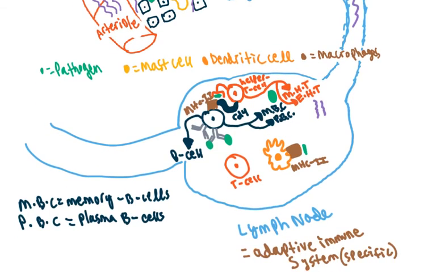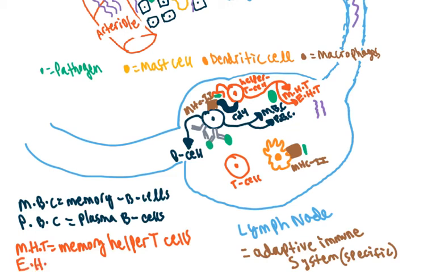Okay, so let's write those abbreviations down. MHT in this case will be memory helper T cells, and effector helper T cells, or EHT in this case, is going to be effector helper T cells.